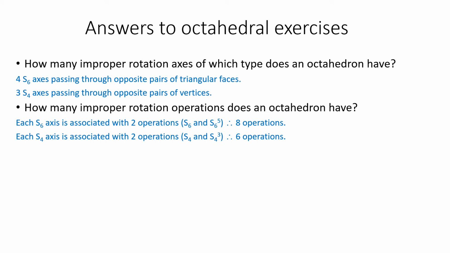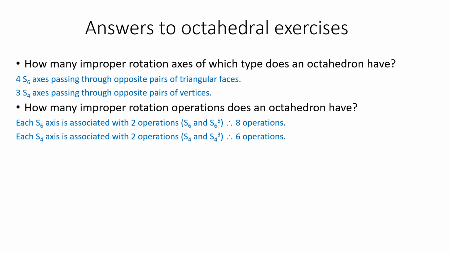Now as for the operations, a bit like we were saying with the C6 rotation axis, the S6 improper rotation axis will have 2 operations associated with it, a bit like a 60-degree rotation in one sense and a 60-degree rotation in the other sense. Curiously, if you apply the S6 operation twice, you don't end up with S3 in the same way that doing the C6 operation twice ends up with C3.